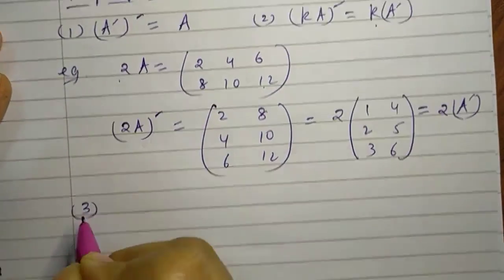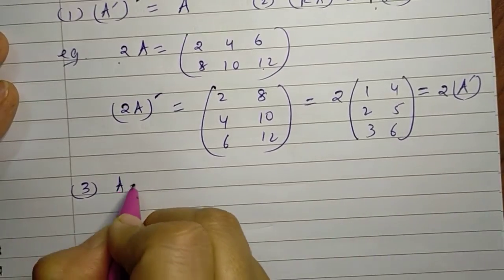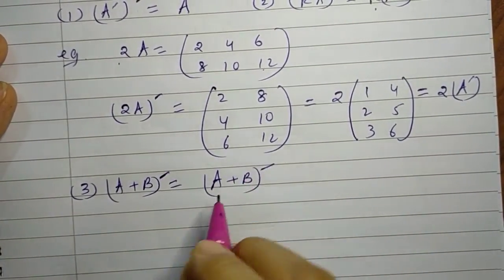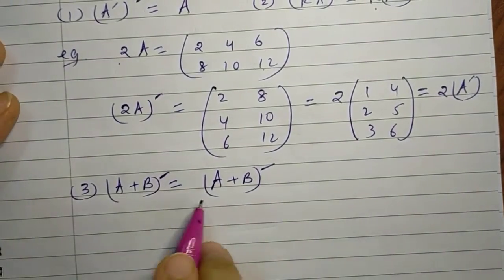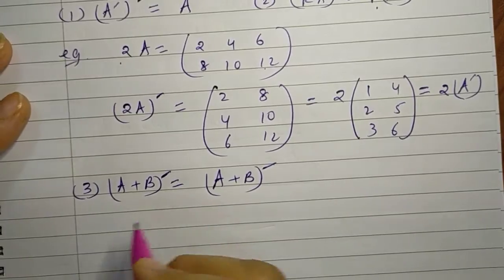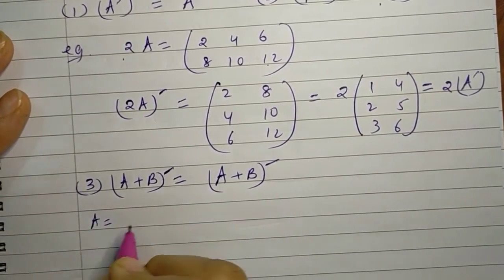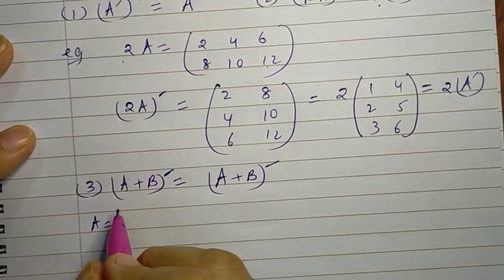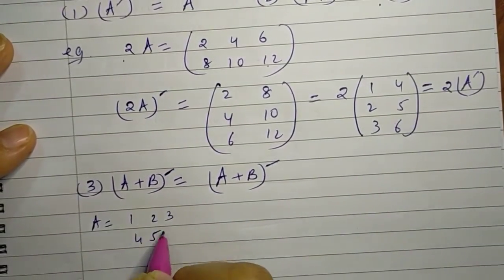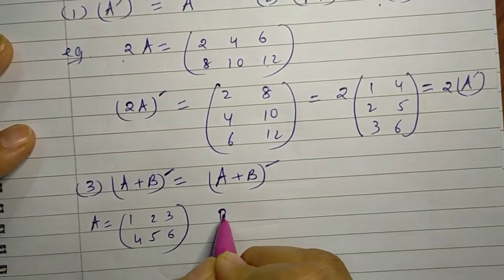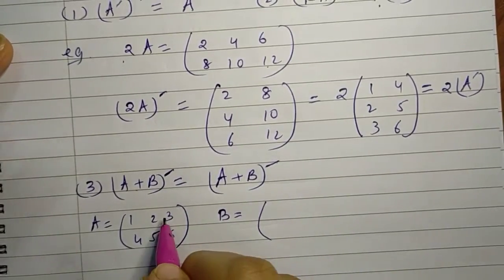Same way we have the third property, which is A plus B whole transpose is A transpose plus B transpose, and they are comparable also, because let me take a very simple example. A is, suppose, the same thing as 1, 2, 3, 4, 5, 6. So if I'm adding 2 things, I have to have B also of the same order.